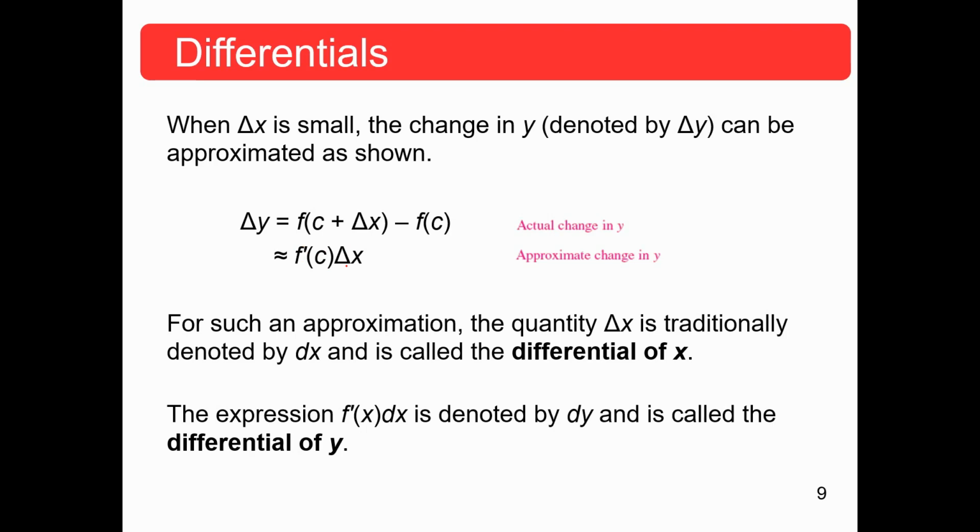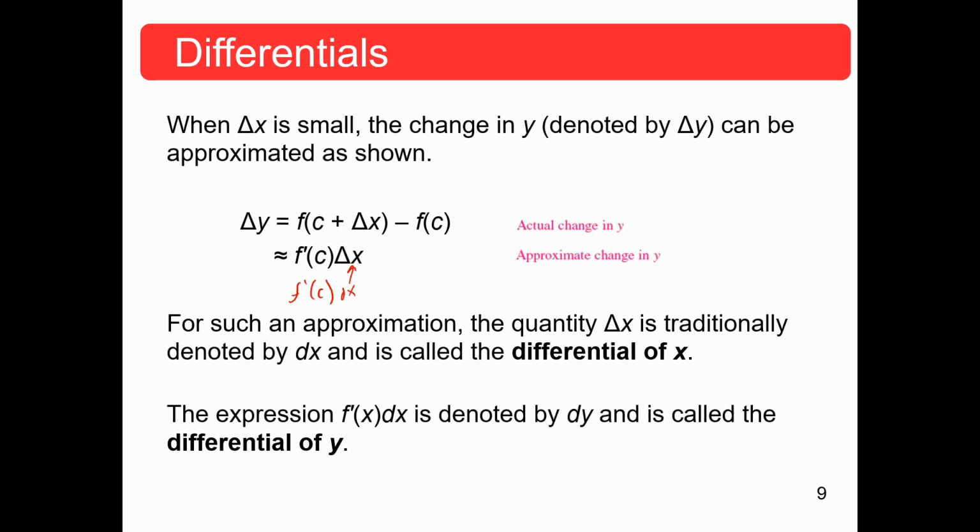Now, for this approximation, the quantity delta x is traditionally denoted with dx, and we call it the differential. So f prime x dx is the differential of y. So if we change that delta x into dx, we get f prime of c dx. This is kind of the way we're used to seeing it.